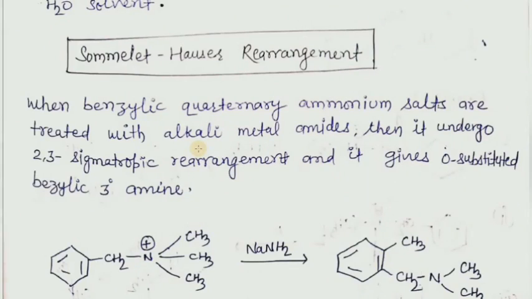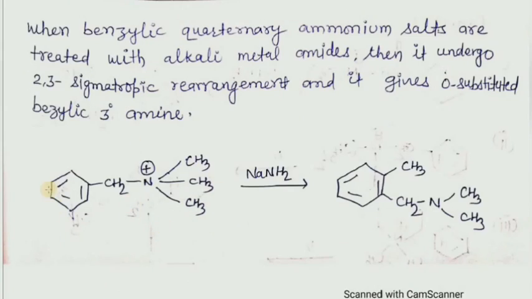Number 2 is Sommelet-Hauser rearrangement. What is this Sommelet-Hauser rearrangement? When benzylic quaternary ammonium salts are treated with alkali metal amide, this is sodamide, then they undergo 2,3 sigmatropic rearrangement and give ortho-substituted benzylic tertiary amines.